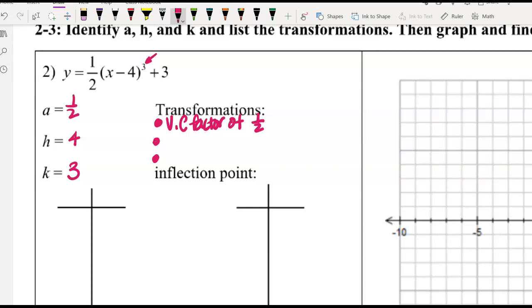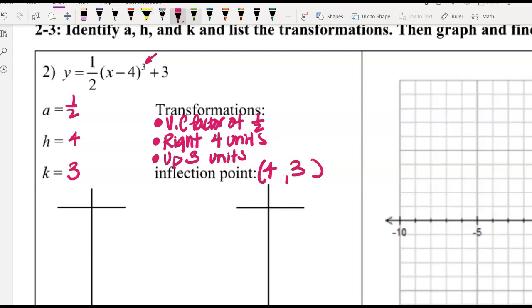Now H, since 4 is positive, we're going to go right 4 units. And then K, 3 is positive, so up 3 units. Okay, so those are the 3 transformations. We do have an inflection point, which is H comma K, so it's going to be 4 comma 3.